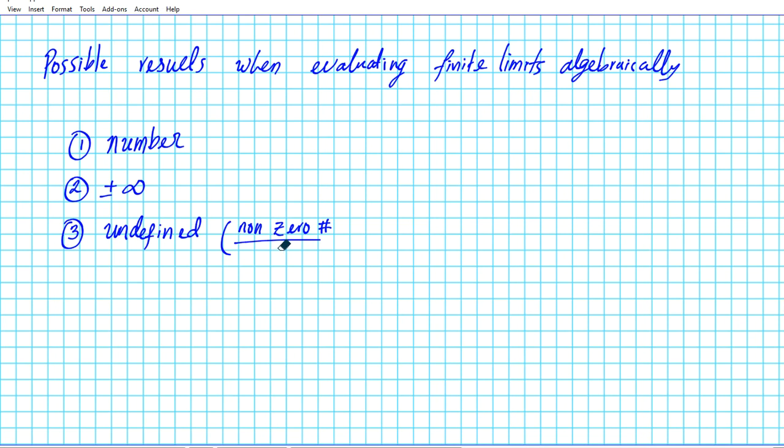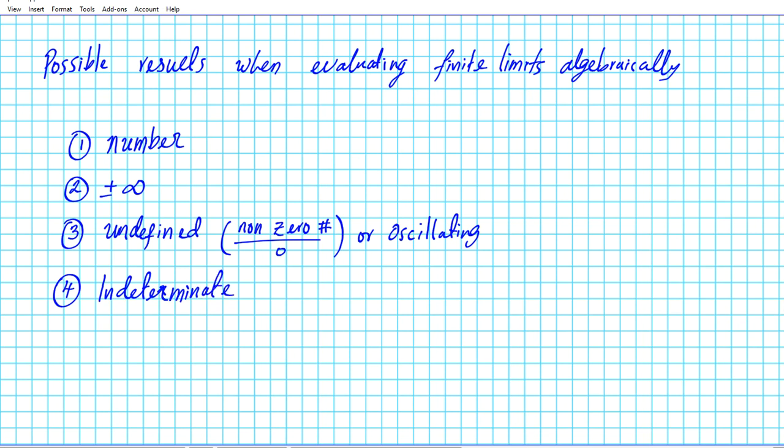This is undefined. Or in some cases you can have an oscillation. When it's oscillating, then that limit does not exist also. It's not defined. And then lastly, which is what we're going to be focusing on today, you could get an indeterminate form.